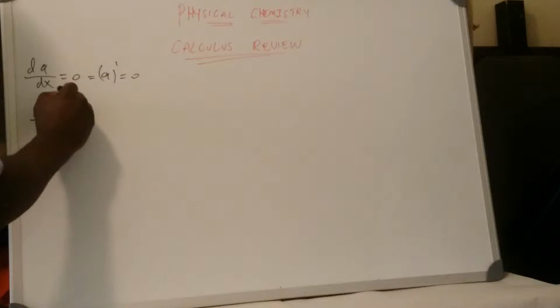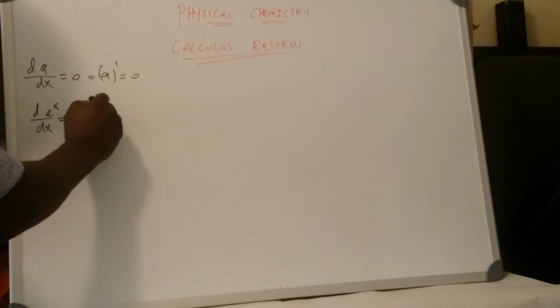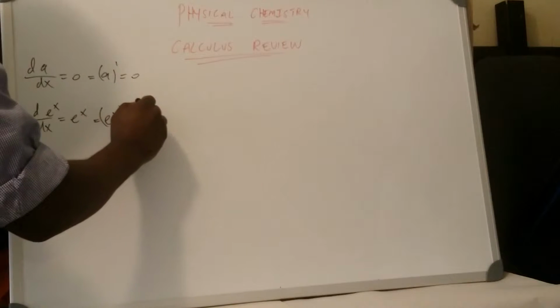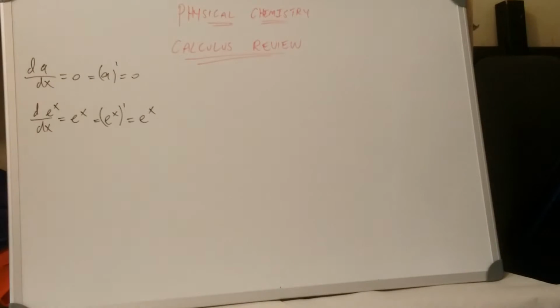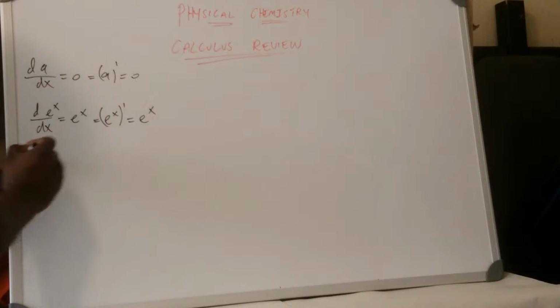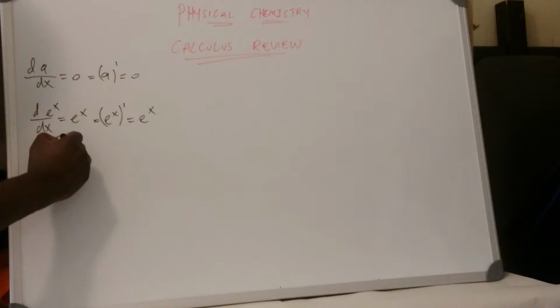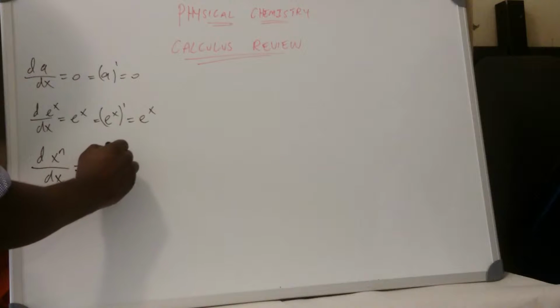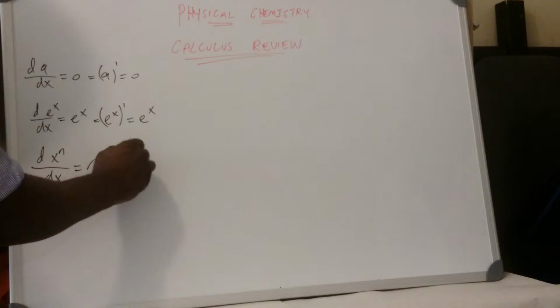We have e to the x prime is equal to e to the x. That's the derivative of exponents. And d/dx of x to the n is equal to n times x to the n minus 1.